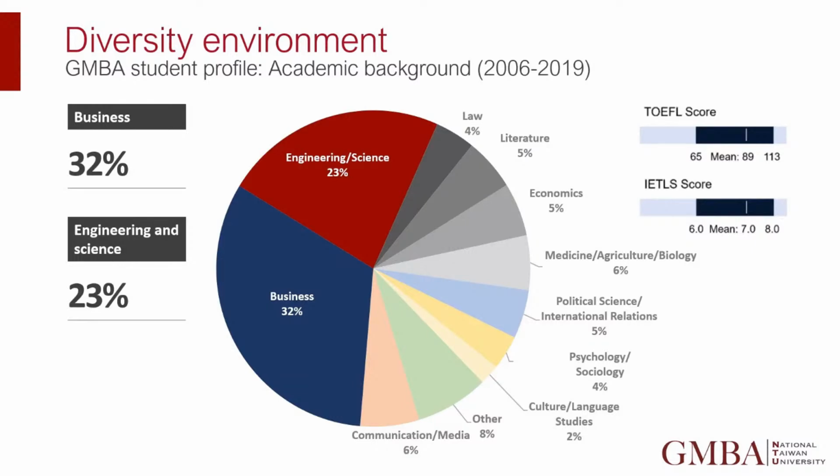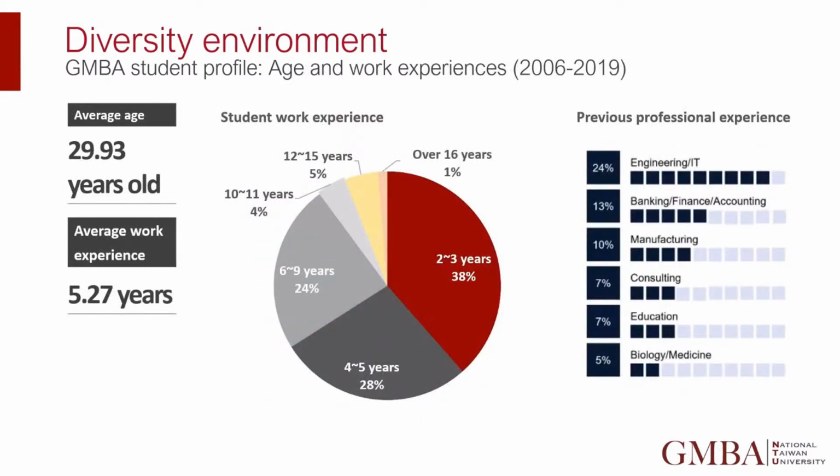32% of our students and alumni's background is in business, and 23% of them have engineering and science backgrounds. The average age of students is about 30 years old with about 5 years of working experience.